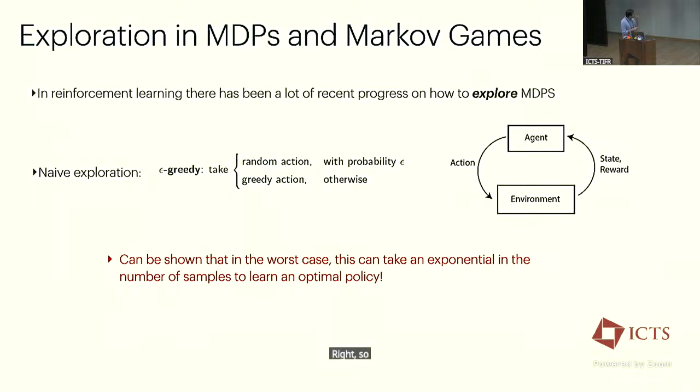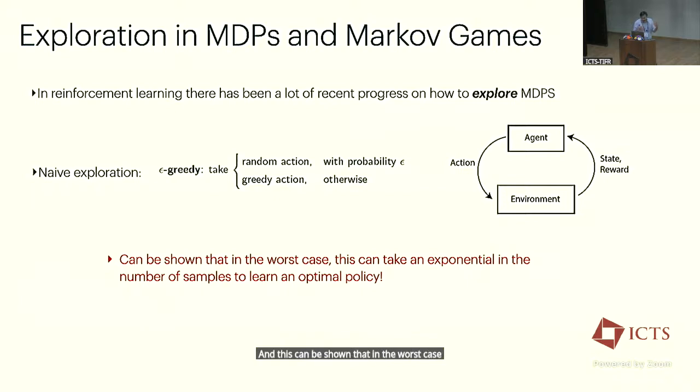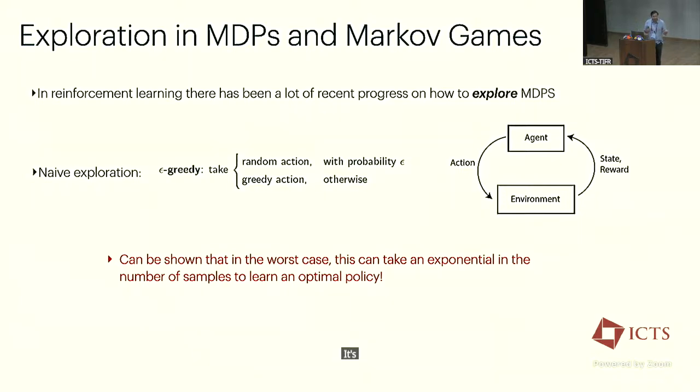Maybe the most famous one is epsilon-greedy. At each step, you either randomly choose an action with probability epsilon, or you operate according to your current policy. That's epsilon-greedy exploration, which is pretty naive. It can be shown that in the worst case, this can take an exponential number of samples to learn a policy. It doesn't use the structure of the problem very well.